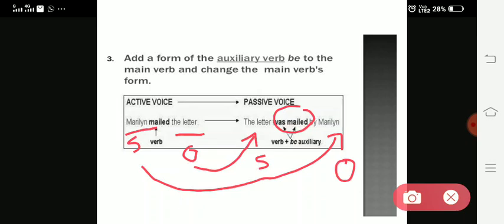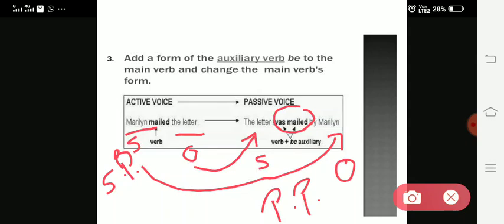Now here the simple past tense is used in the sentence, so that's why we have taken "was" as the auxiliary and "mailed", which is the past participle of mail. Mail, mailed, mailed. Mail is the main verb.